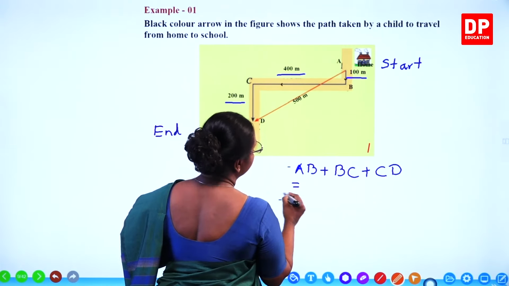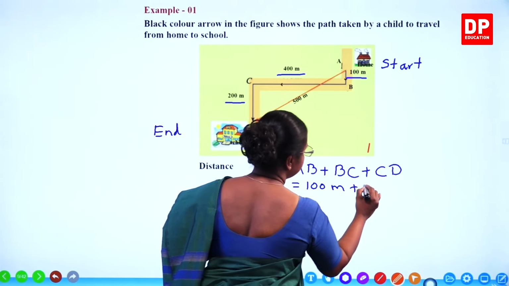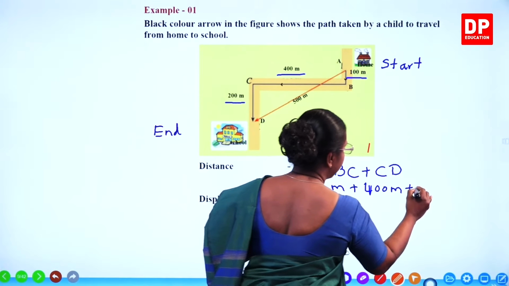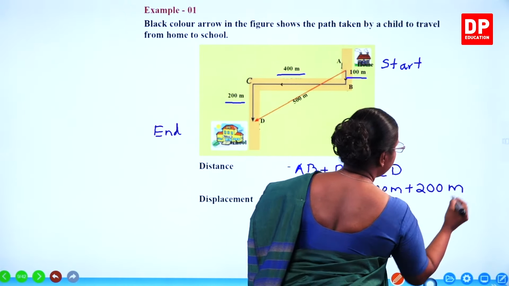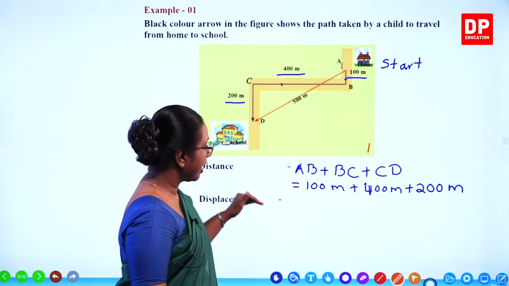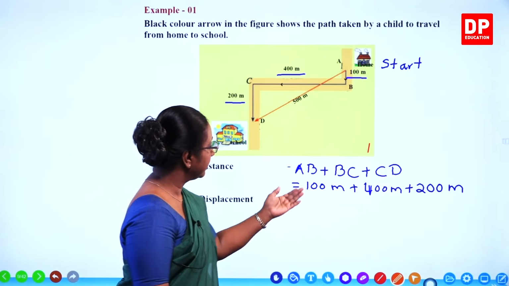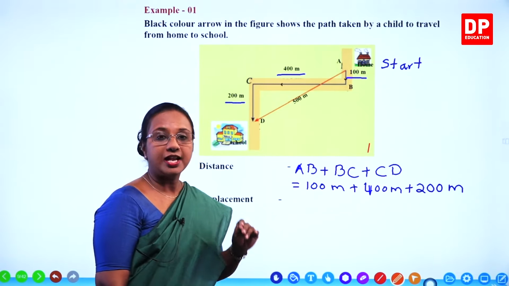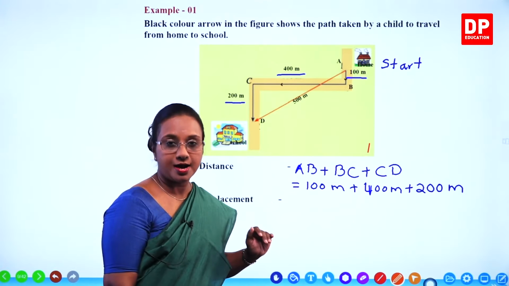That will be equal to 100 meters plus 400 meters plus 200 meters. Always, children, when you write values with a unit, it would be better if you substitute with the unit itself, so that you will never forget to write the unit with your answer.